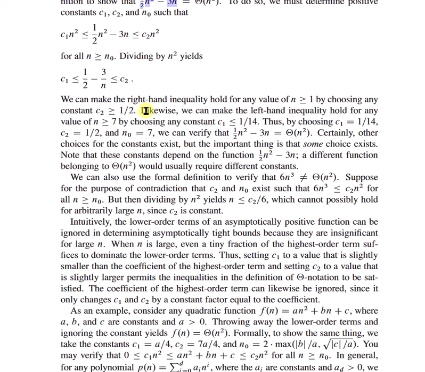We can make the right hand inequality hold for any value of n greater than or equal to 1 by choosing any constant c2 greater than or equal to half. Likewise, we can make the left hand inequality hold for any n greater than or equal to 7.